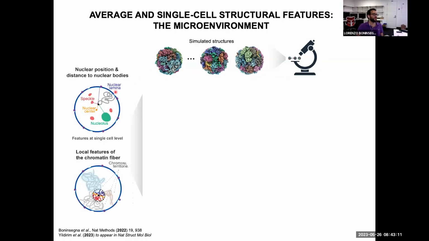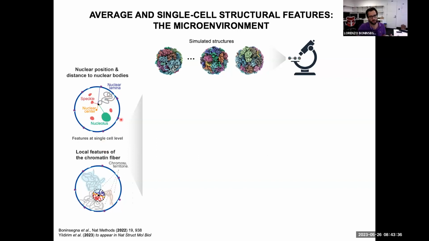So for instance, even though we don't use information about nuclear bodies, we designed a procedure to predict the number and positioning of the speckles and the nucleoli. And of course, we can predict for each locus its association with all these nuclear bodies and its radial positioning inside the single cell.